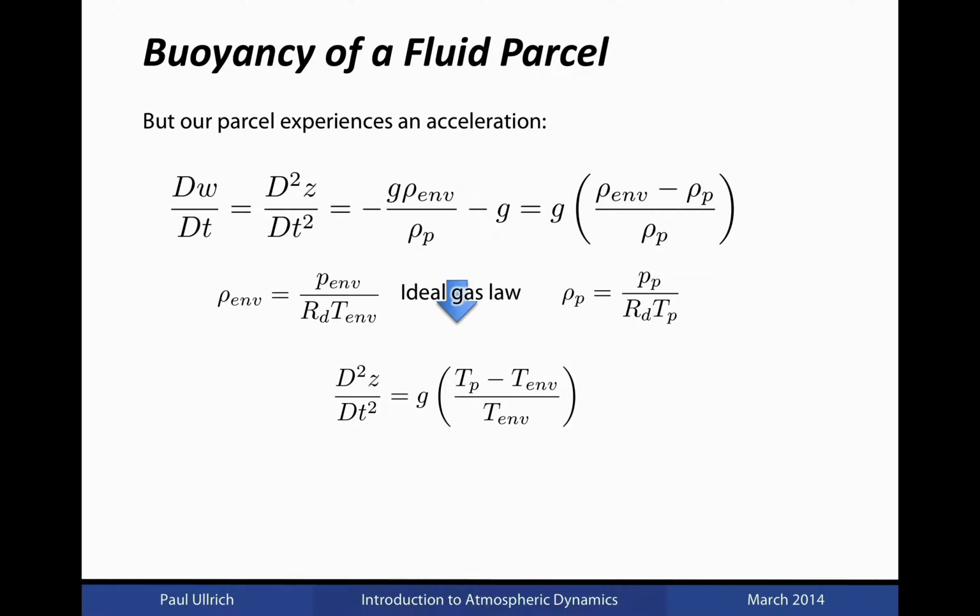This makes sense. Namely, if we have a fluid parcel that is more or less dense than the environment, then it'll experience a buoyancy force that leads to it either sinking or rising in the environment. In order to convert these densities to temperatures, we can use the ideal gas law, and in doing so obtain the second equation below on this slide.